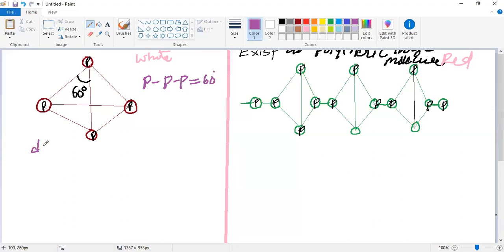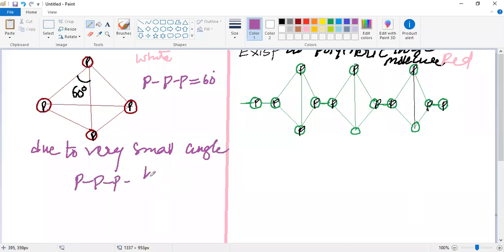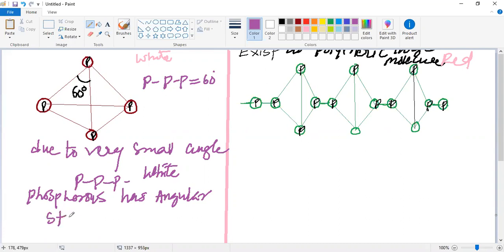So due to this very small P-P angle, white phosphorus has angular strain, my dear students.